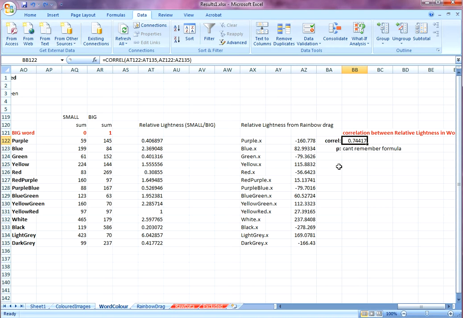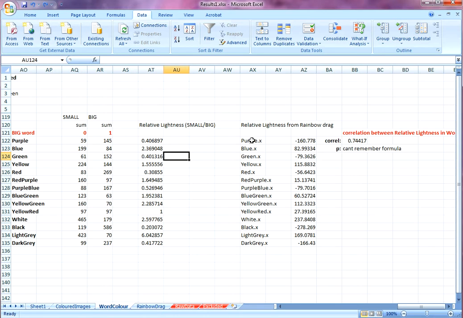I'm afraid I can't remember the formula, but Kirsten knows it, because I actually started computing correlations in Excel because of her. You can ask Kirsten. It's something simple.